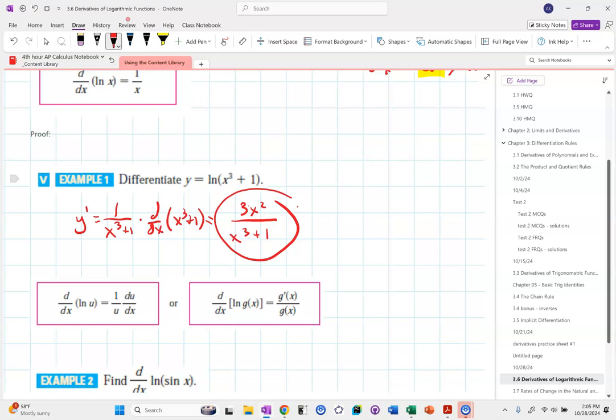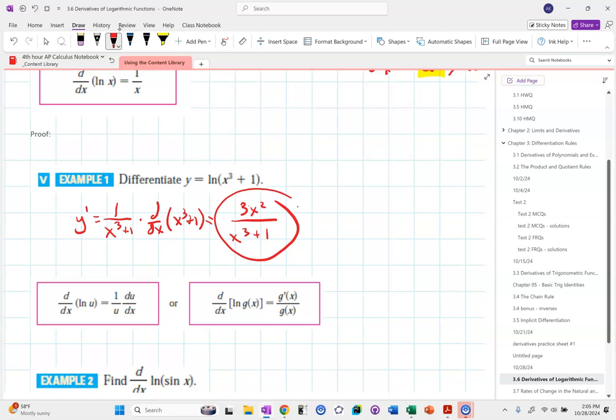Everybody's okay there? Or in general, if I take the derivative of the natural log of any function, it's going to be 1 over that function times the derivative of the inner function. Same idea. This is just the chain rule specific to the natural log as the outer function.